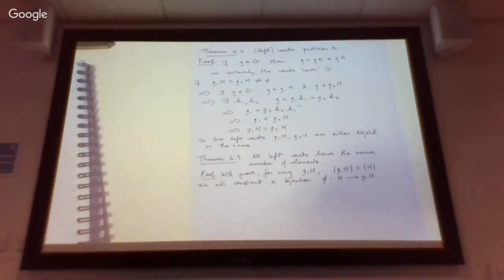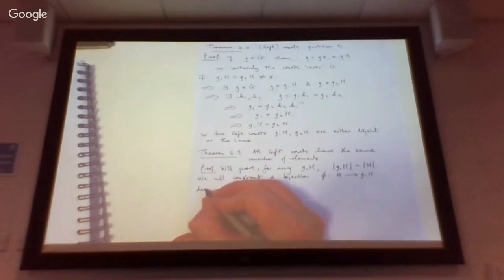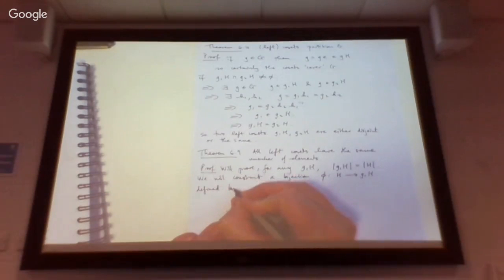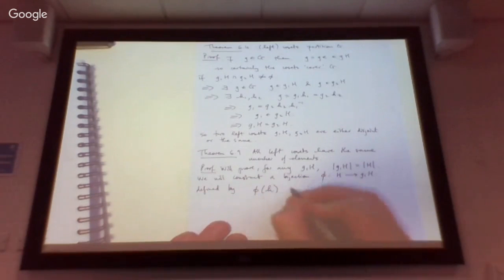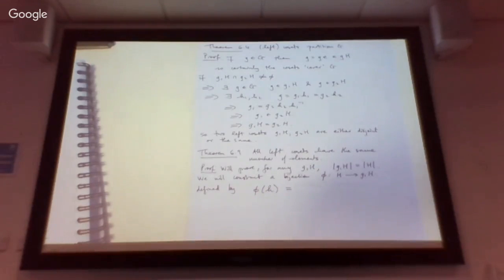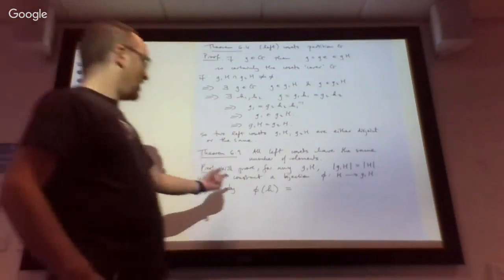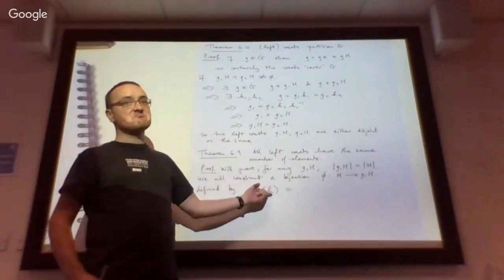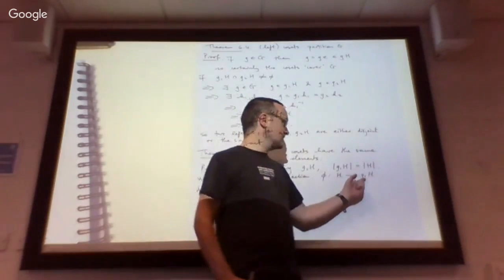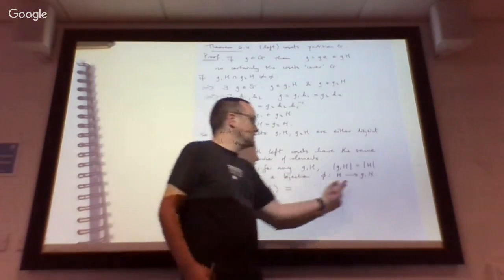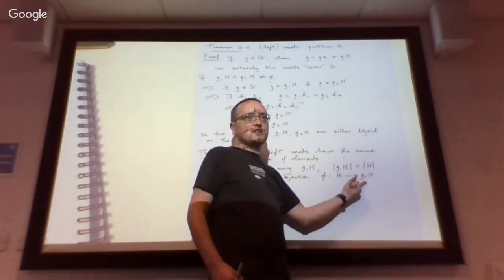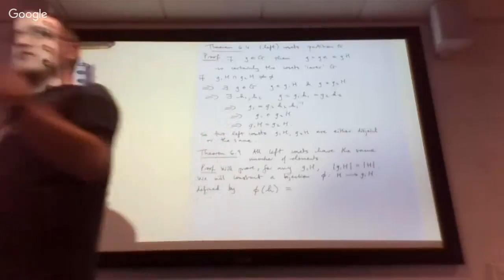Okay, so what is this phi? Well, it's going from H to G1H. There's really only one definition you can give it. What is phi of little h going to be? It has to be a value that's in the left coset G1H. And the only ingredient that's floating around is the element G1 itself.